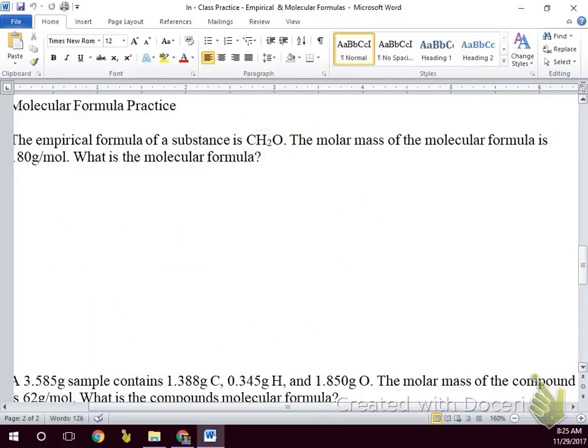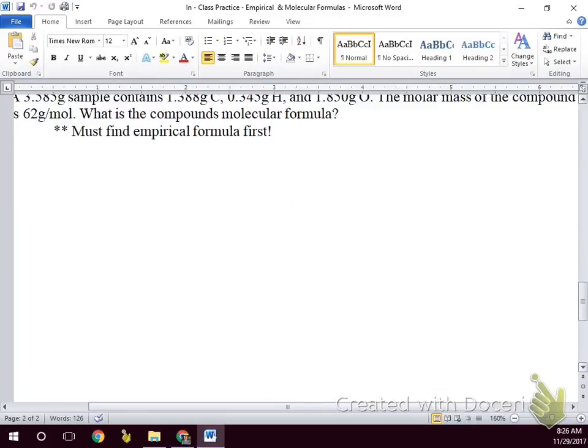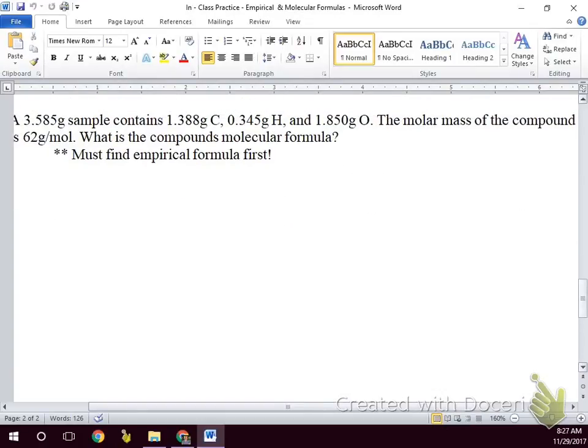Okay. The last one on this handout that we're going to do in class today puts everything together. This time we're going to build the empirical formula and then find the molecular formula from that. So we're going to start with building the empirical formula. Every one of these is given to us in grams, so we can just start with those values. We don't have to worry about the percentages because it was given to us in grams to begin with.